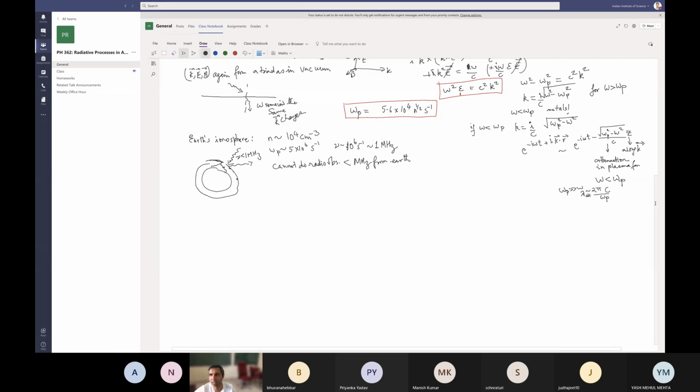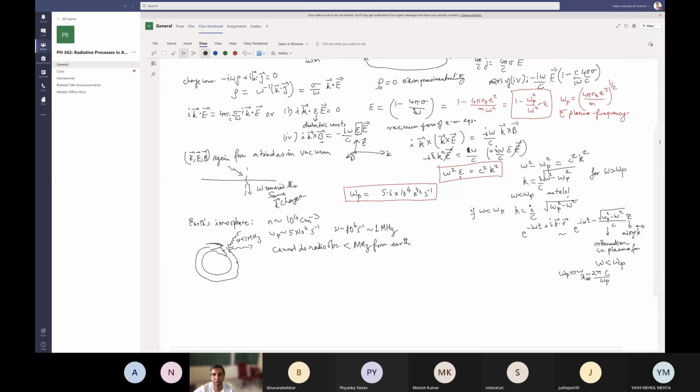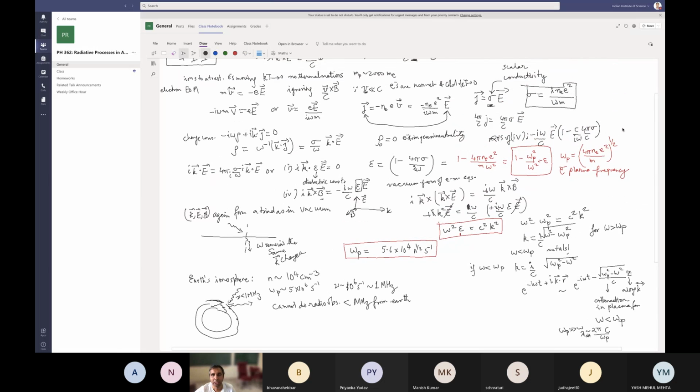The other thing to note is that this J and E are out of phase because sigma is imaginary. So this implies that J and E are perfectly out of phase. So basically they are like sine and cosine.